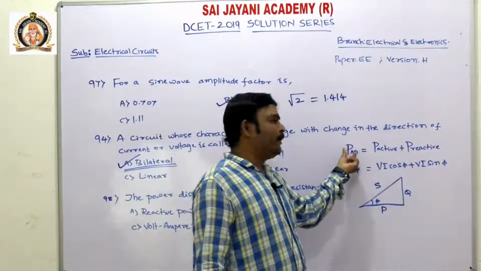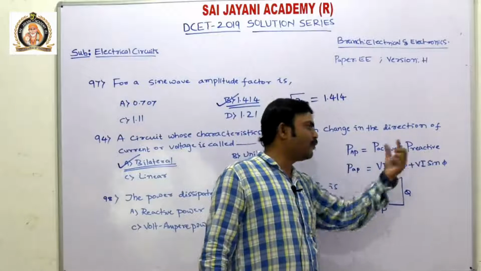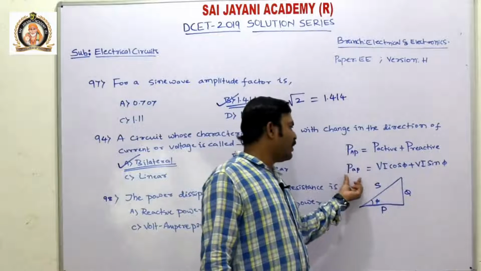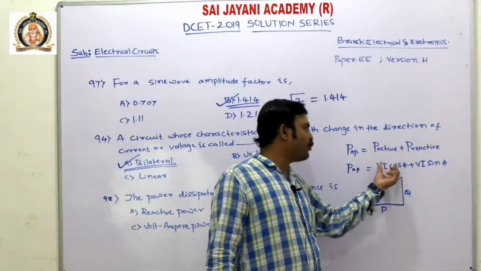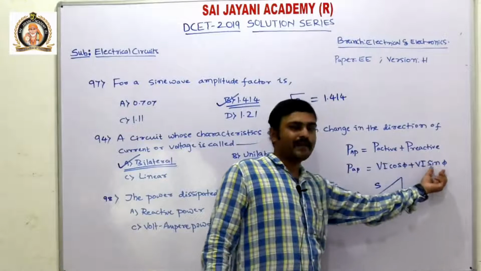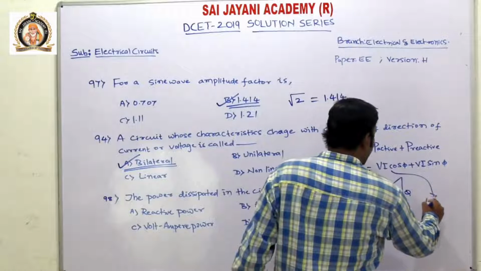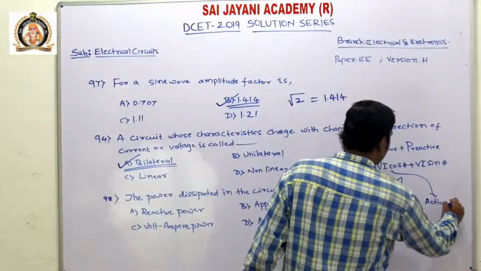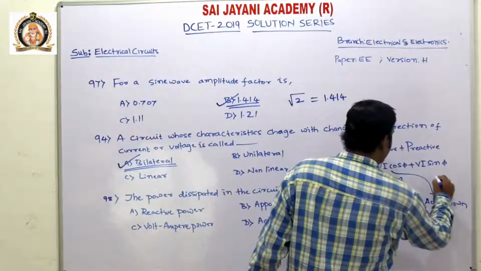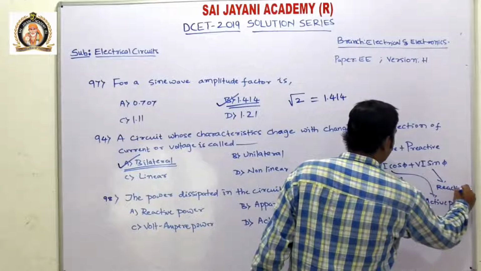Apparent power is made up of active power P, which is VI cos phi, and reactive power, which is VI sin phi. VI cos phi is the active power and VI sin phi is the reactive power.